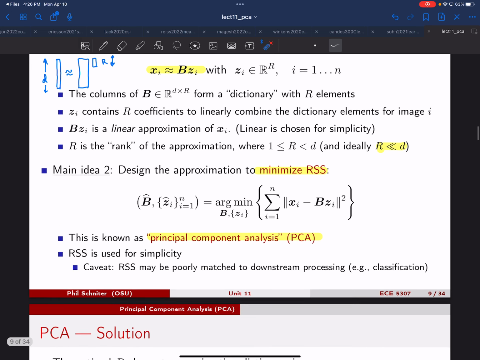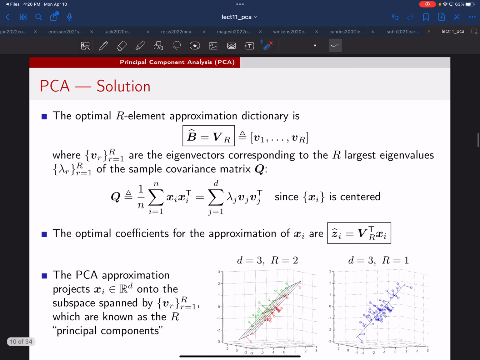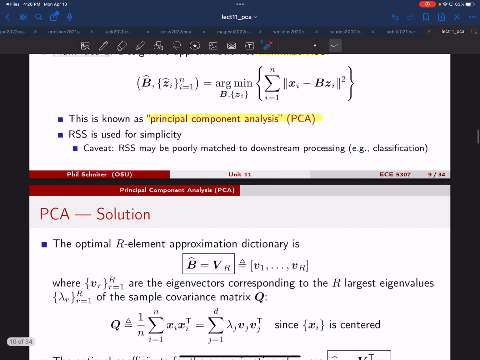Making sense? Okay. So here's a summary of what the solution is, and then we'll do the derivation later to get to these equations. It turns out that the optimal dictionary, the one that solves this problem, we'll call that B hat. This is a matrix V_R whose columns, little v_1 through little v_R, are the eigenvectors corresponding to the largest eigenvalues of the sample covariance matrix.